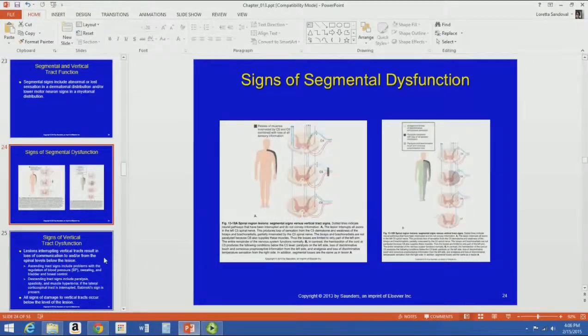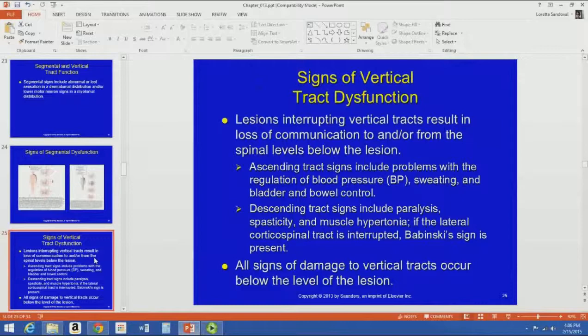Okay? So lesions that interrupt vertical tracts result in loss of communication to and or from the spinal level below the lesion. Ascending tract signs include autonomic problems, regulation of blood pressure, sweating, and bowel and bladder control.